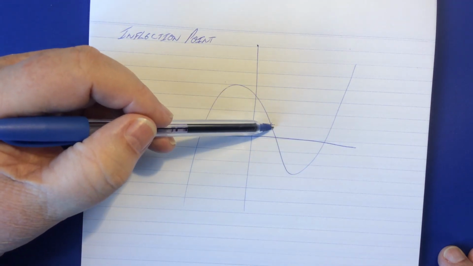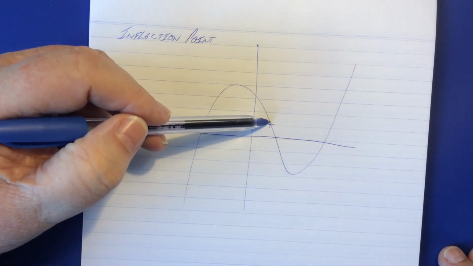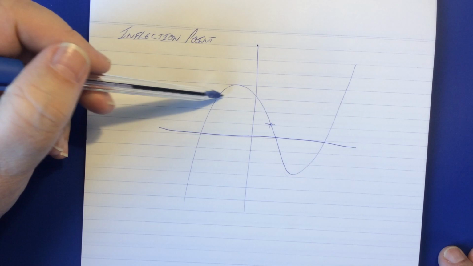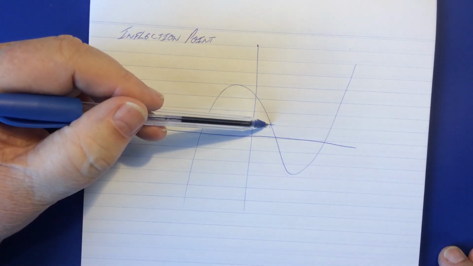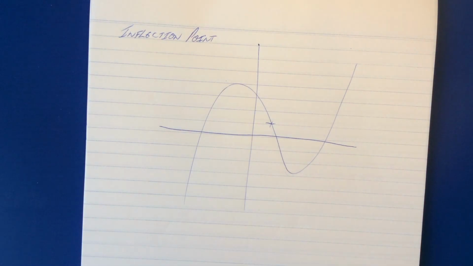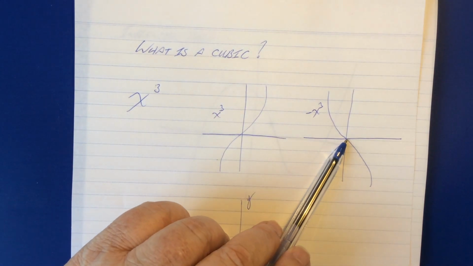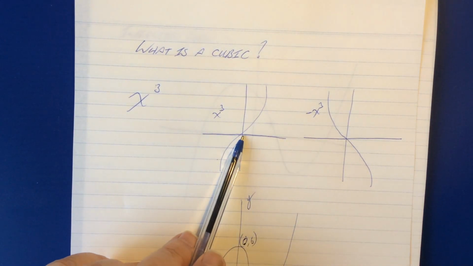It's the point at which this shape begins to be this shape. And it's best seen in the very basic functions here. This is the point of inflection. This is the point of inflection.